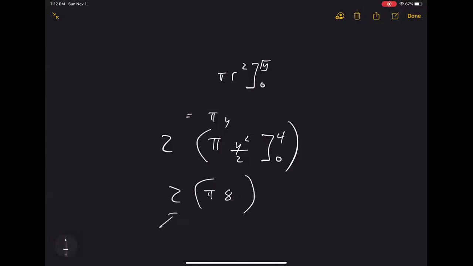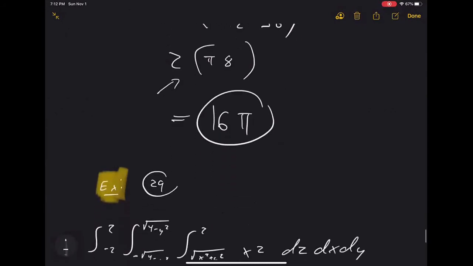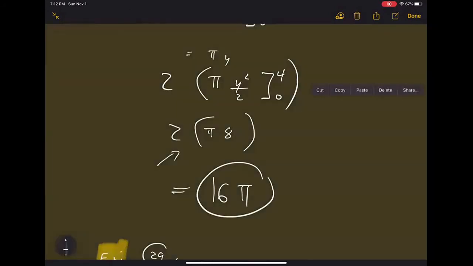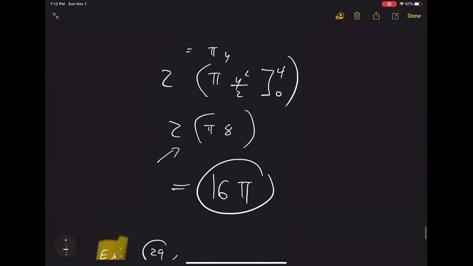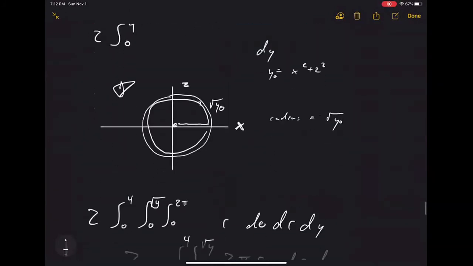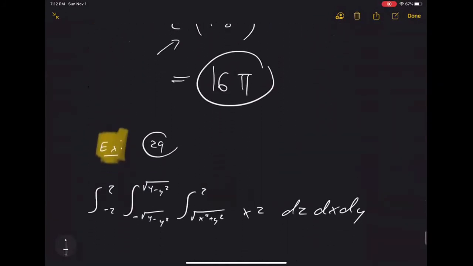Then I have this times 2 from the very beginning. So my answer should be 16 pi. And that should match the answer from when we did this in Cartesian coordinates. Right? So it's pretty short compared to the other one, right? No trig substitutions, nothing like that.